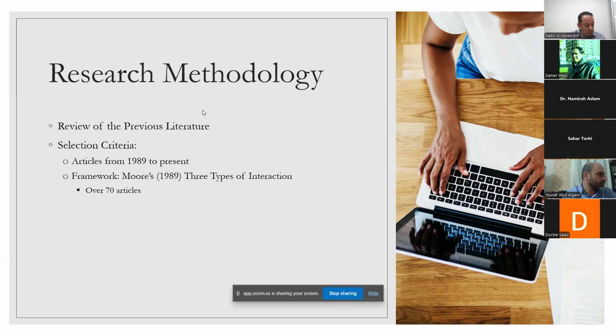Since the framework is Moore's three types of interaction, which was given in 1989, I tried to include papers dated from 1989, but most of the papers analyzed are after 2020.